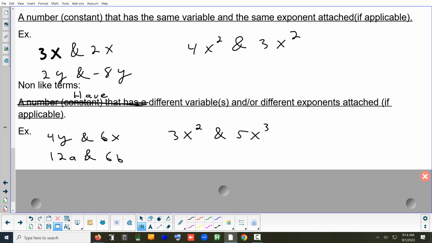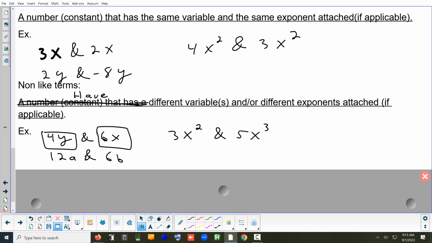Does anyone have any other questions? Do you have to put an "and" inside? Like, could I do 3b plus 3a? What I'm just showing you here is one term and here's another term. I'm not writing an expression with addition or subtraction.